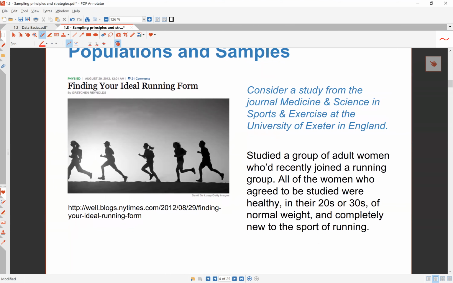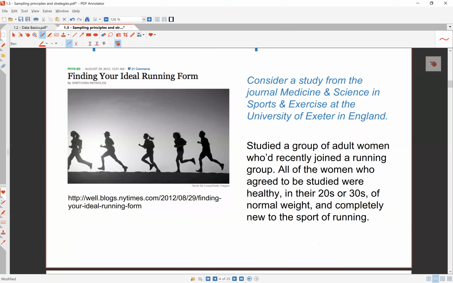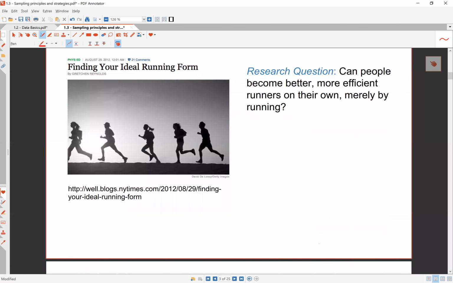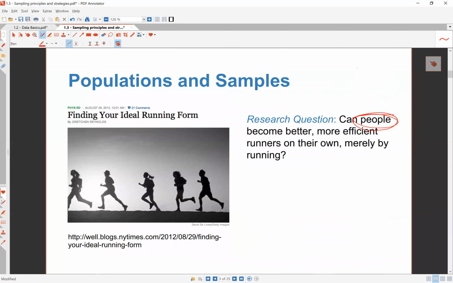Now, this was a study done by a group at the University of Exeter, which is a university in England, and it was published in a well-regarded medicine and sport journal. And the general question they were trying to answer is, can people become better, more efficient runners simply by running?